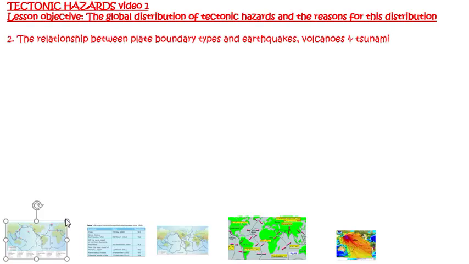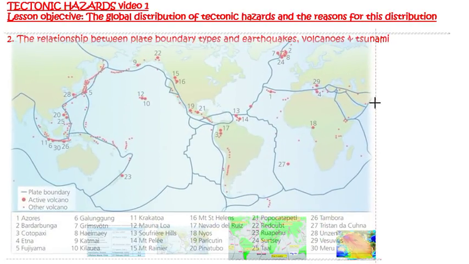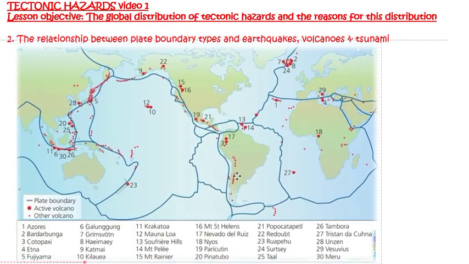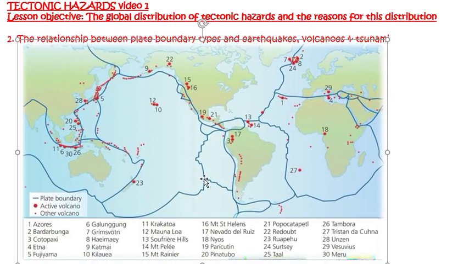Right then, so the distribution of earthquakes. You've got this map, I think, on page 3, my lot, but yeah, we need to have a little meat to the bones. Like all geographers, we love to map things. So we've got the plate boundaries shown in blue, and then we've got active volcanoes, the big red dots, and other volcanoes that maybe have not erupted for a while, small red dots.